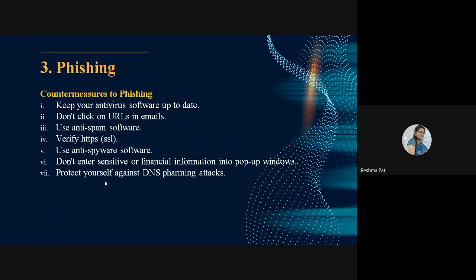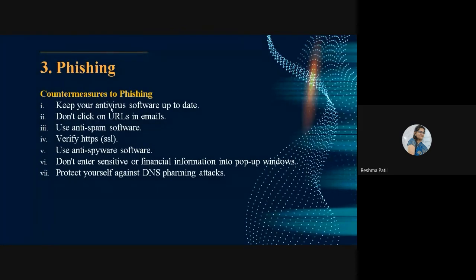What controls are there for phishing? First, keep your antivirus software up to date. You are using a computer, laptop, or mobile, so keep the antivirus software up to date. Second, don't click on URLs in email. If you don't know the person and you get emails from an unknown person, don't click on the URLs.